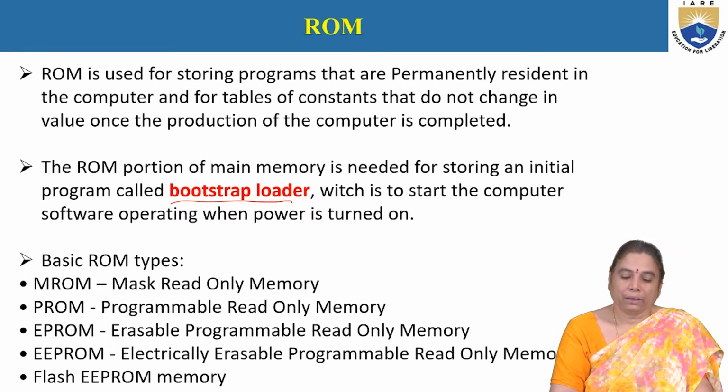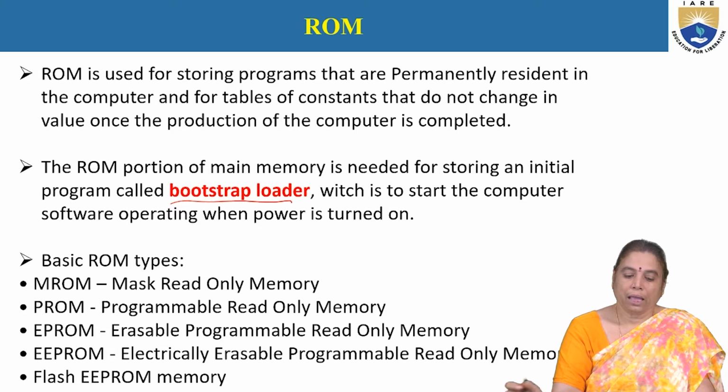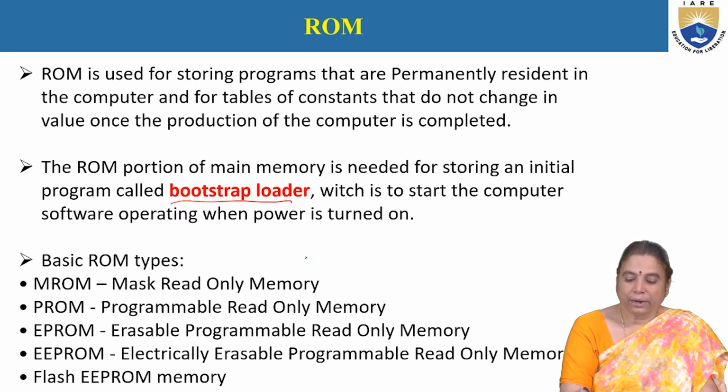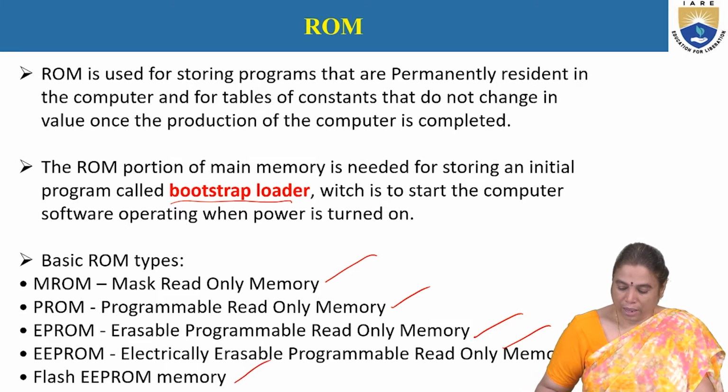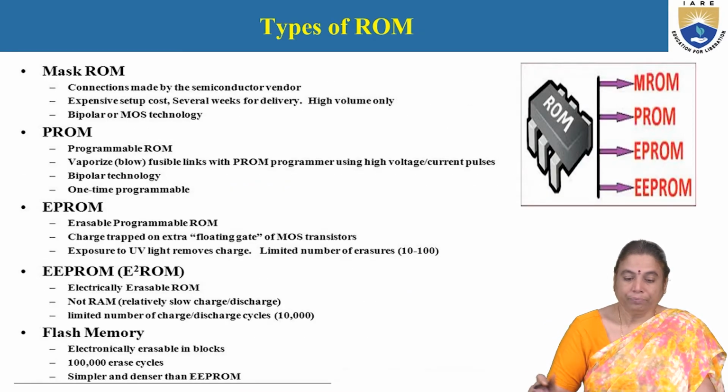So depending upon the variety, there is MROM, mask read-only memory, PROM, programmable read-only memory, EPROM, erasable programmable read-only memory, EEPROM, electrically erasable programmable read-only memory, and Flash EEPROM memory. So these are the varieties of ROMs available.